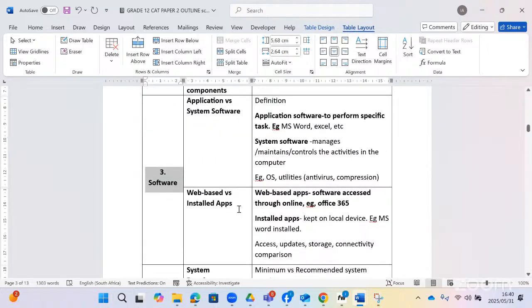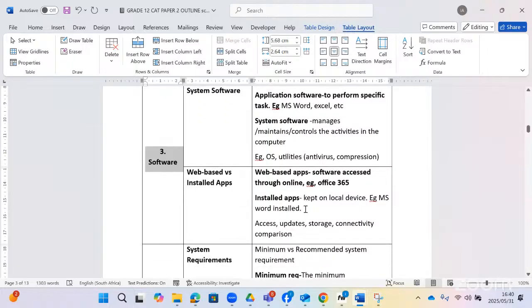Then you must also know the difference between web-based applications and installed applications. In other words, what applications are kept on the computer and what applications are only accessed through the internet. You need to know them.